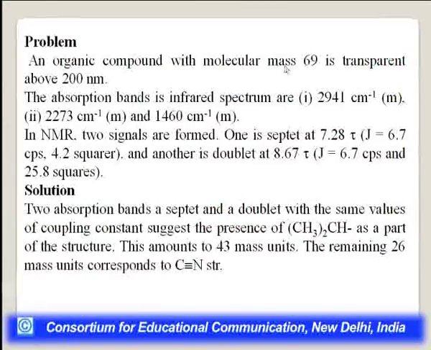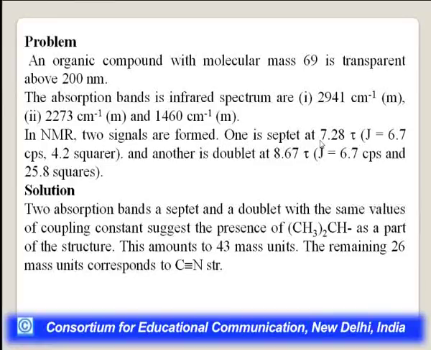Another problem is there. An organic compound with molecular mass 69 is transparent above 200 nanometer. The absorption bands for the infrared spectrum are 2941 centimeter inverse, and medium peaks are there at a value of 2273 and at a value of 1460. What NMR says is that there are 2 signals.